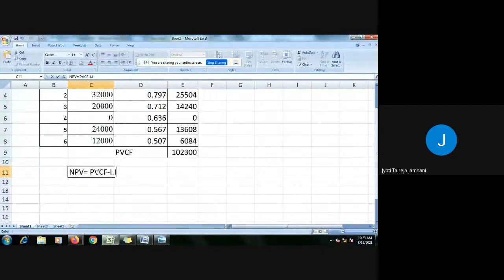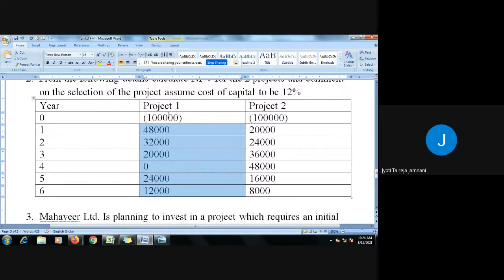So now NPV will be equal to present value of cash flows is 1,02,300 minus initial investment they've given here. It is 1 lakh rupees. You can see this year 0, the investment is 1 lakh.